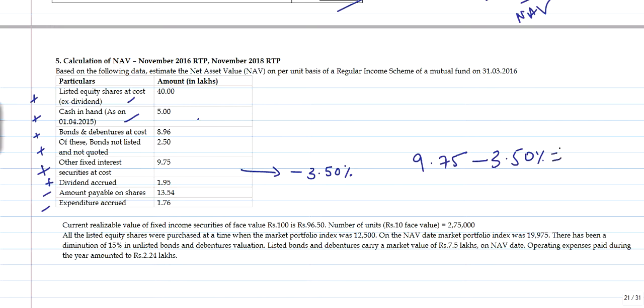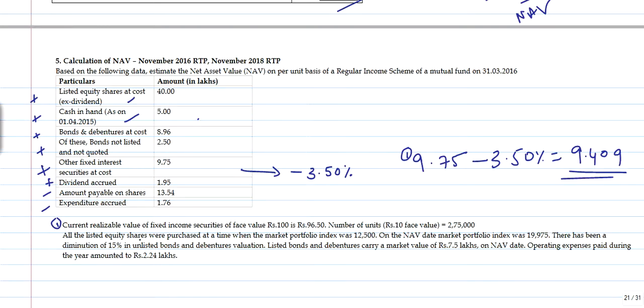What is the amount? It comes to 9.4087, so I will take 9.409 with regard to other fixed interest securities. This is the first point. Number of units is required at the end.